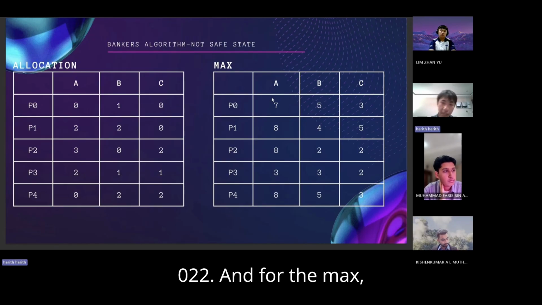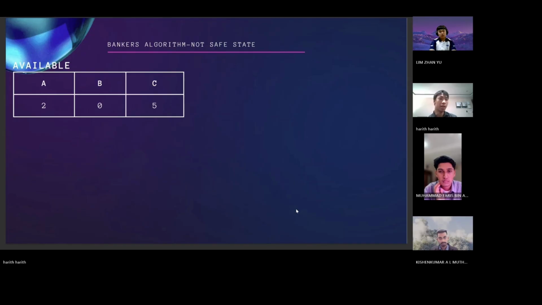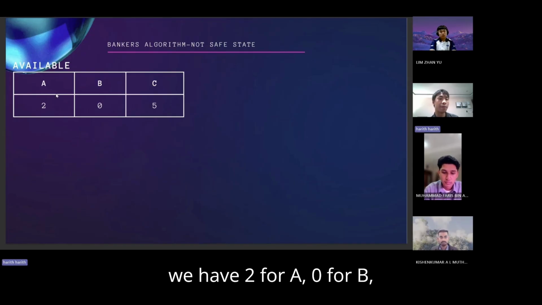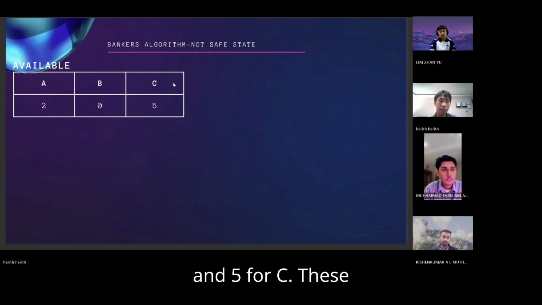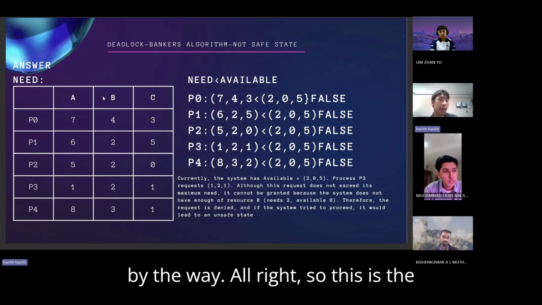And for the max, P0: 7, 5, 3; 3, 2, 2; 9, 0, 2; 2, 2, 2; 4, 3, 3. And for the available, we have 2 for A, 0 for B, and 5 for C. These are given in the question, by the way.